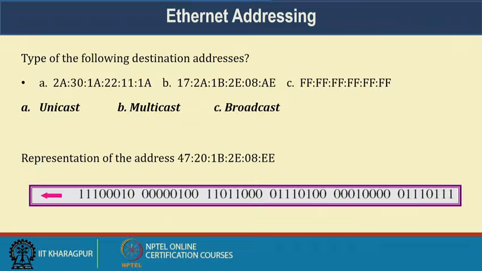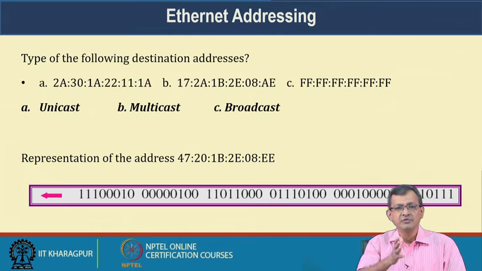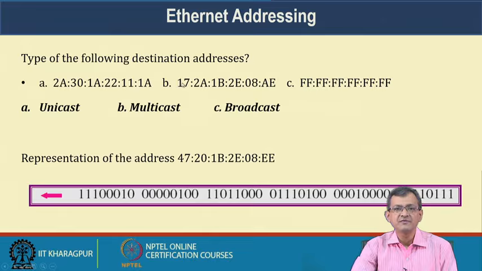Like here, if we have A, B, C, A is a unicast because the last bit of the first byte is 0. This one, the last bit of the first byte is 1, so it is multicast, and these are all 1s, so that is broadcast, right.